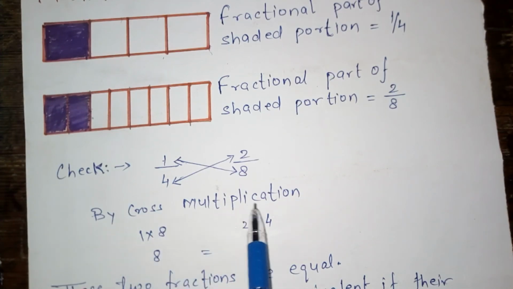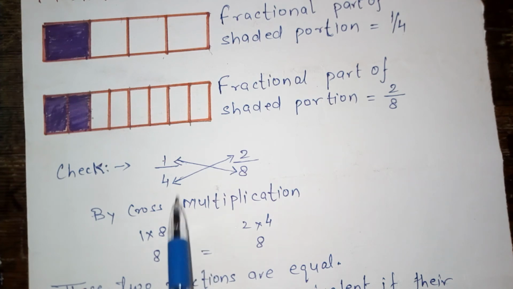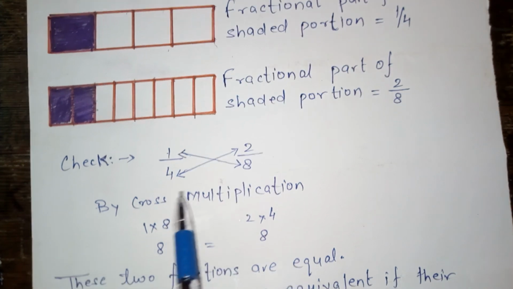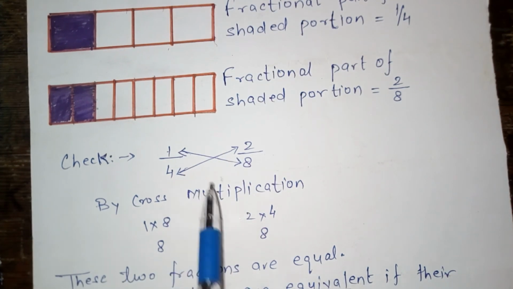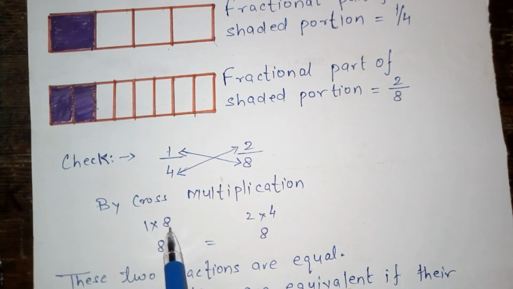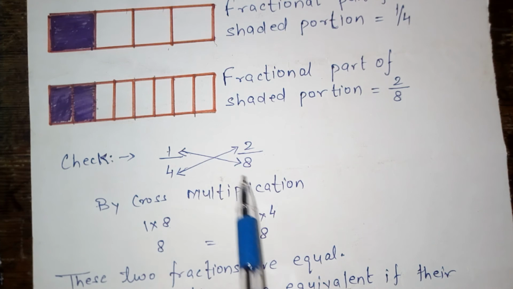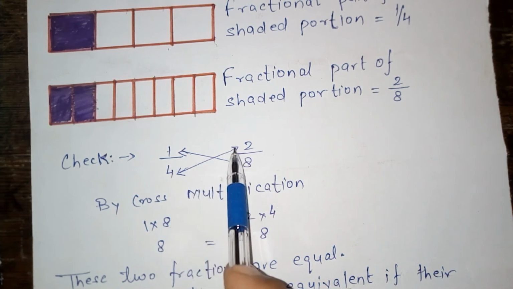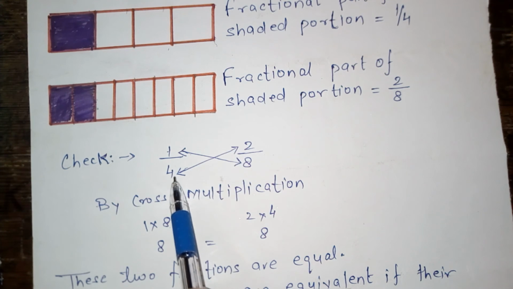By cross multiplication. According to these arrows, 1 multiplied by 8 will give you 8, and 2 multiplied by 4 will give you 8.